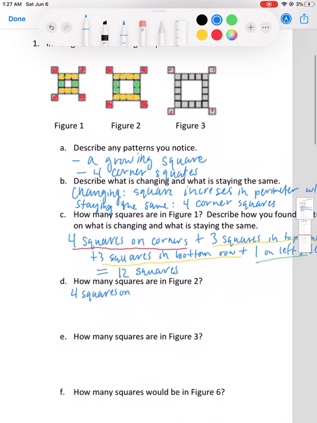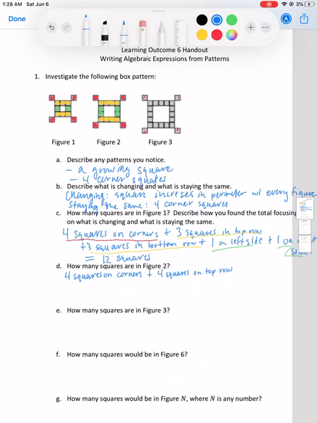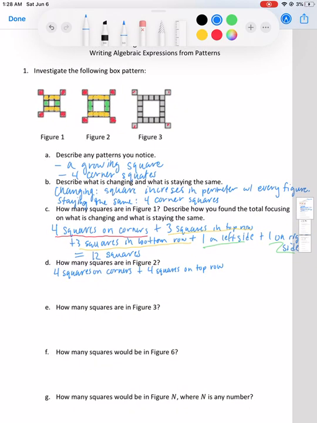Pull that down so we can see that there. Plus 4 squares on top row of the main big square. Plus 4 squares on bottom row.